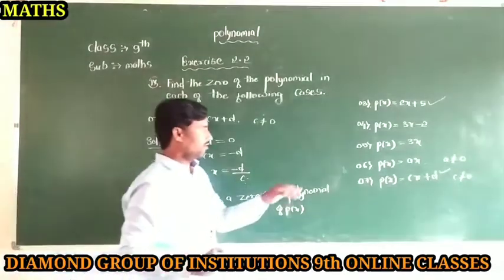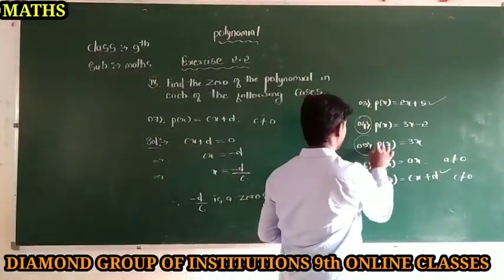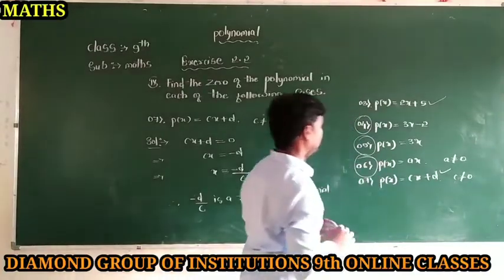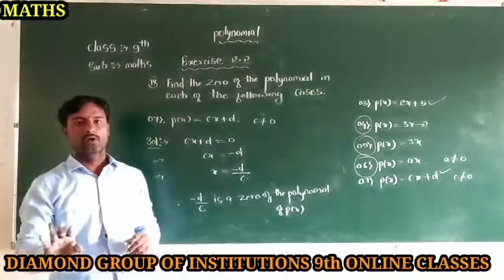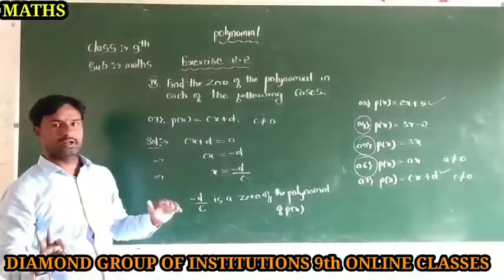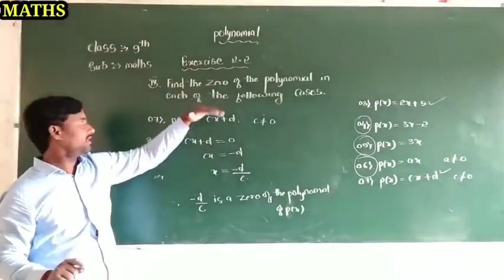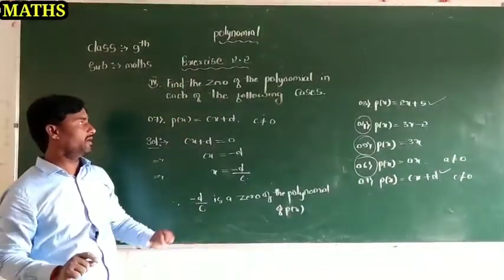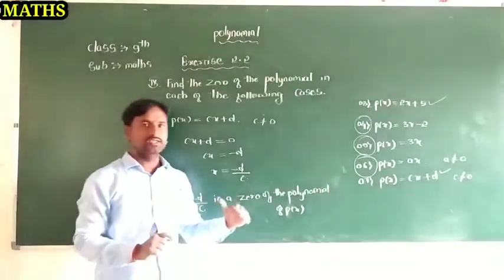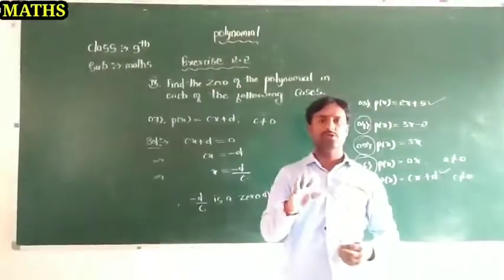So like that only. Remaining questions are there: fourth question, fifth question and sixth question. These three questions you do as homework, dear students. Okay, dear students, I thought you understood. Exercise 2.2 has four parts, dear students. Each part has some more questions. In those parts I explained 2-3 questions.